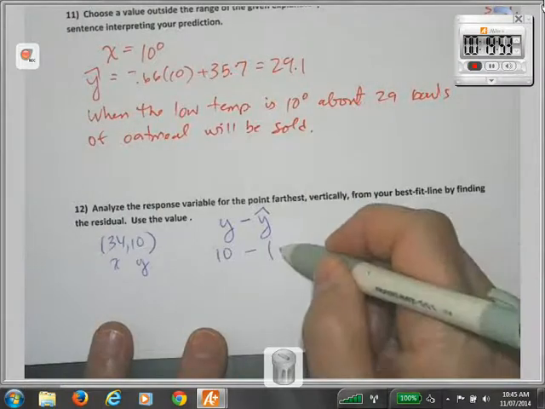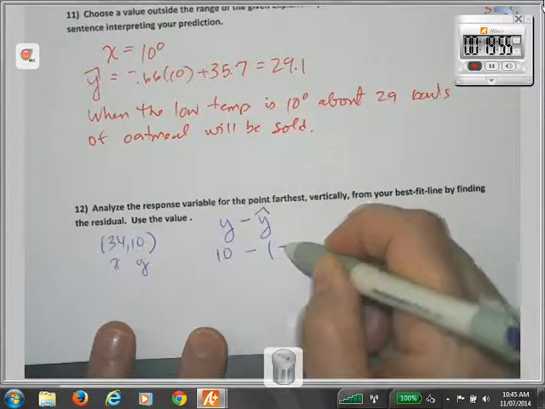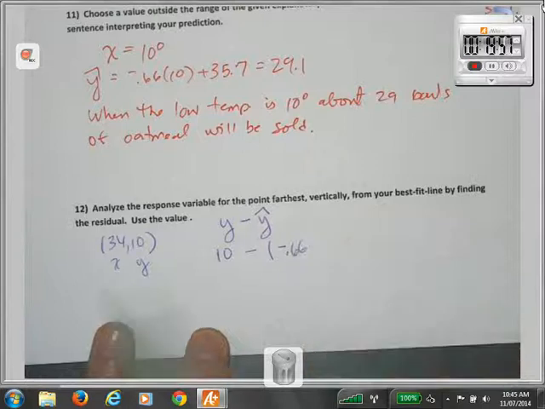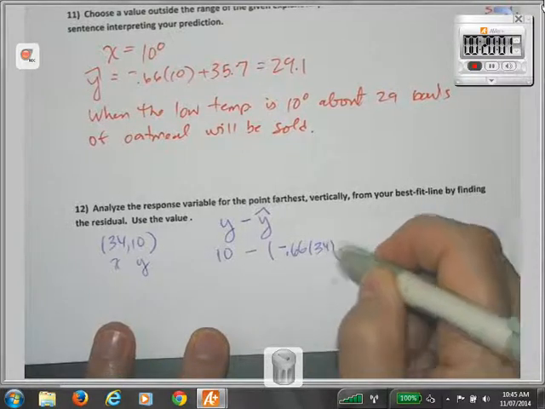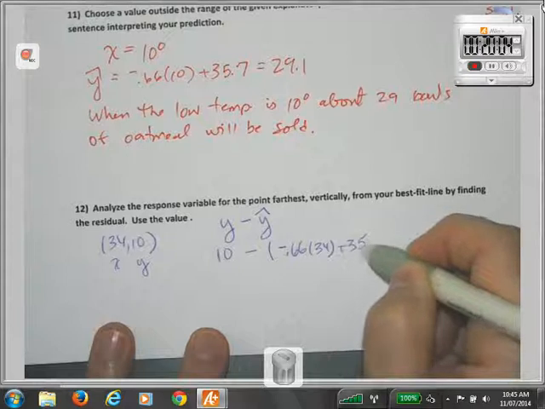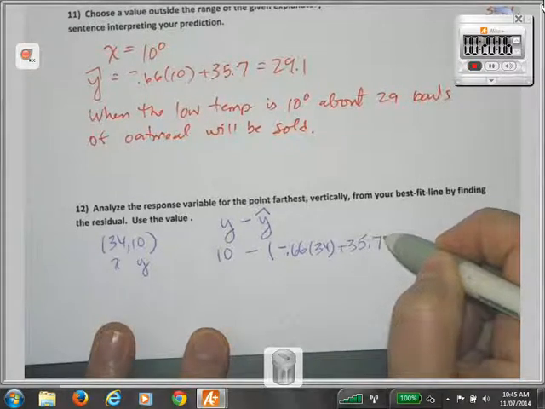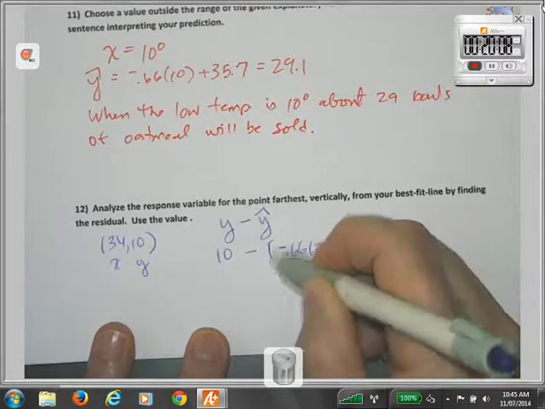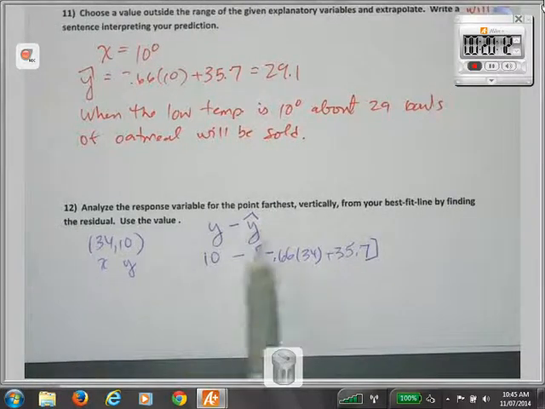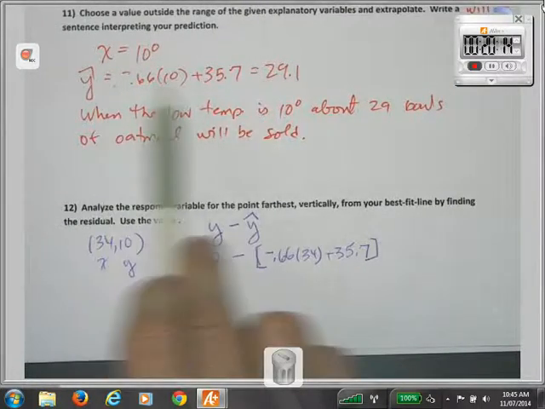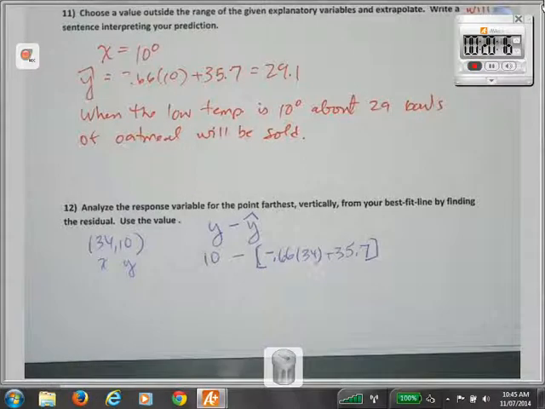Y hat equals negative 0.66, and we're going to use this x, 34, times 34, plus 35.7. All I did was substitute into the same equation that we've been using, and put in the x value here.